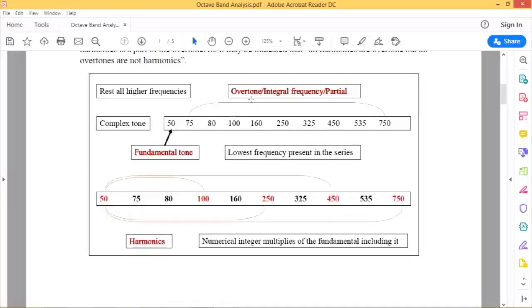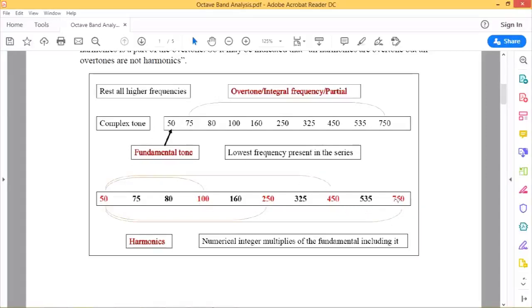Okay, now in this example, sometimes you will find that some frequencies have a suitable relation between them. Say for example, in our example, we can see the red marked frequencies, 50, 100, 250, 450, 750. A suitable relationship is there between these 5 frequencies.